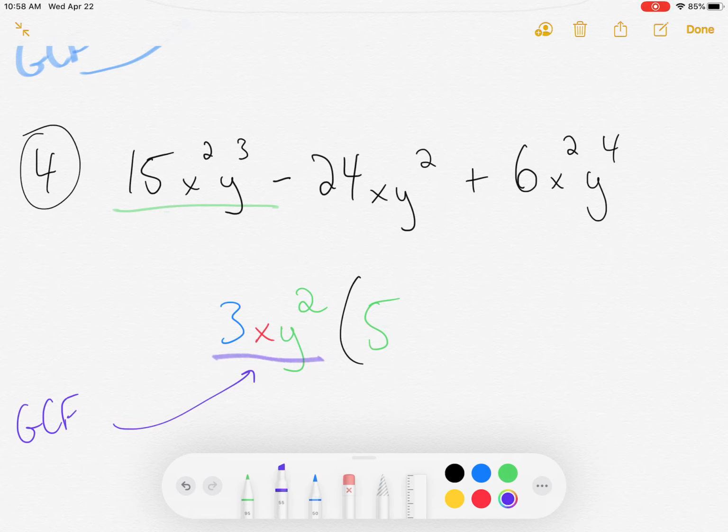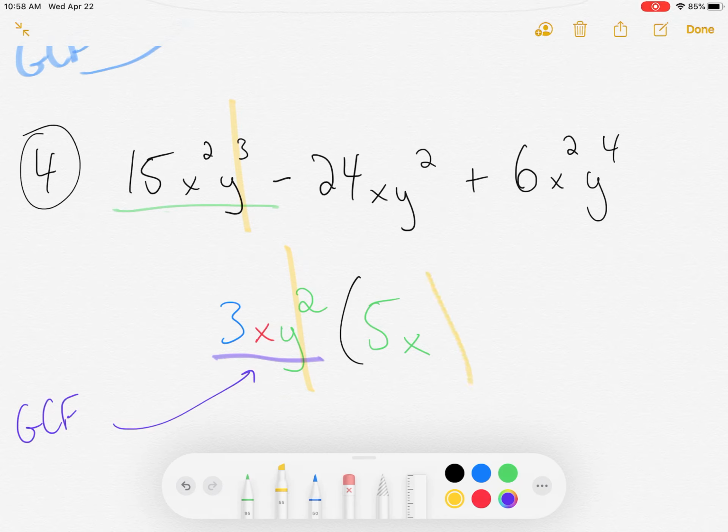Okay, very good. Again, I'm going to divide this whole term by my GCF. So I'm going to take the green underlined term and divide it by the purple underlined term. But now I'm on to my x's. I have x squared. I take out 1. So what's 2 minus 1? You're left with just an x, 5x.